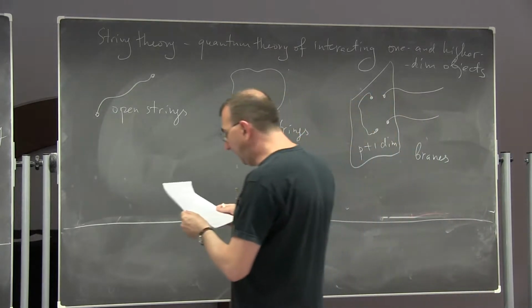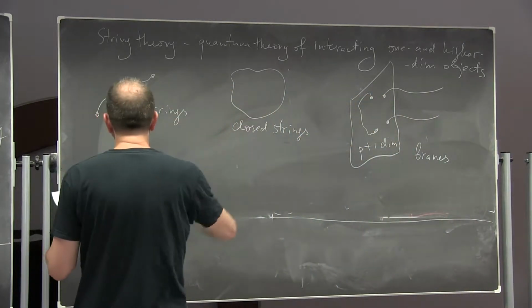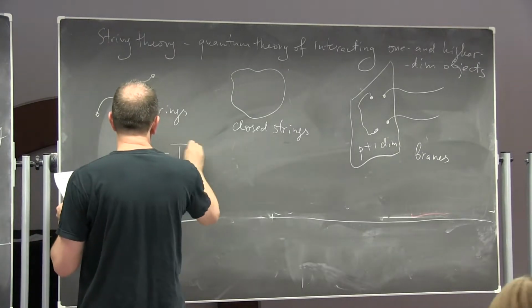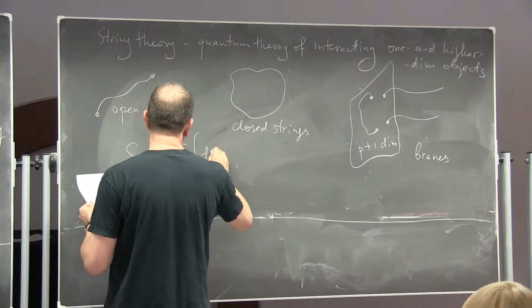Now you describe them as quantum entities, and for that you need the action, and one form of the action is the so-called Nambu-Goto action.